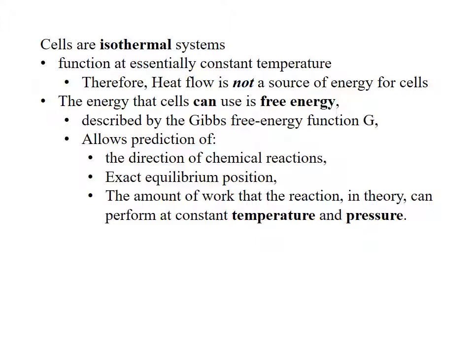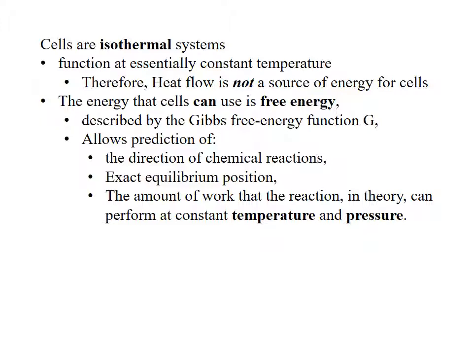Just like in an example of a waterfall, we can use that water to generate electricity through turbines, because there is a difference in the potential energy in a waterfall. Obviously, if there is no potential energy, if the levels before and after are the same, there is no longer flow, and we no longer can perform work.